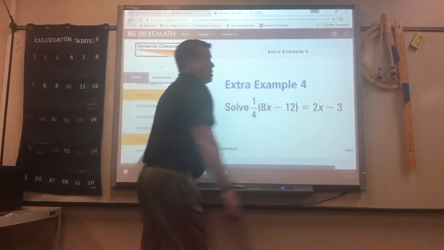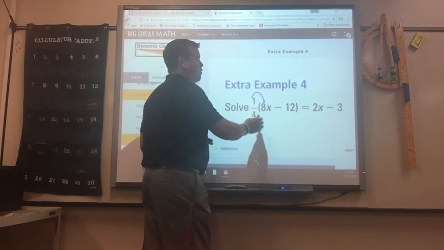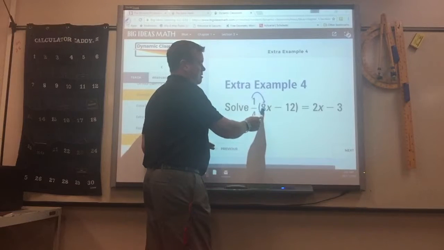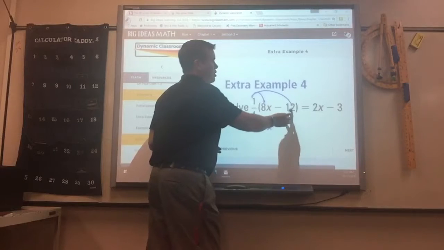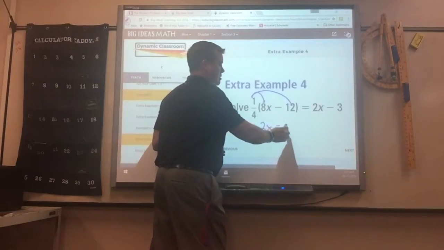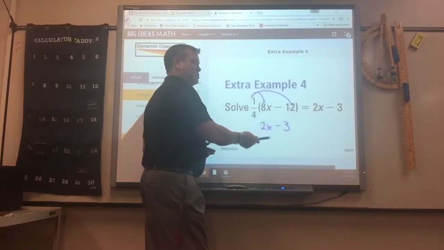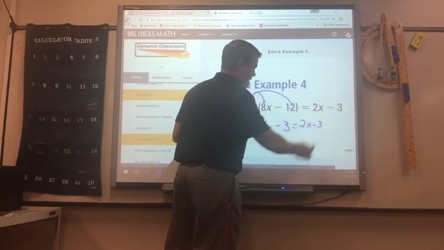Many solutions. So on this one, if we distribute it through, 1/4 of 8 is 2x. 1 times 8 is 8, divided by 4 is 2x. 1/4 of 12 is 3. 1 times 12 divided by 4 is 3. Equals 2x minus 3.